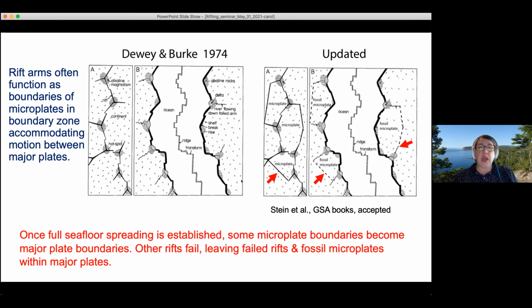But what we're seeing is that these aulacogens are actually part of microplates that are formed that are active during extension, and that when seafloor spreading is successful, the failed microplates become part, and their boundaries get reincorporated with the larger plates on either side, the way what might happen to the microplates now in the East African Rift, that if the rift is successful, they'll end up either as part of Somalia or Nubia.